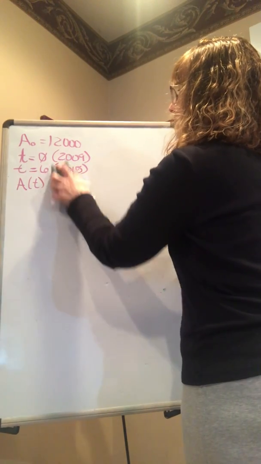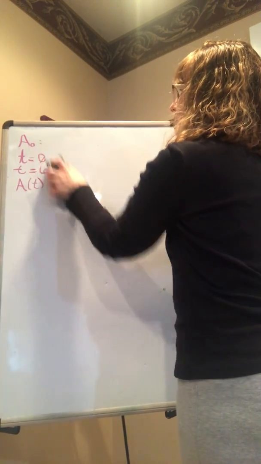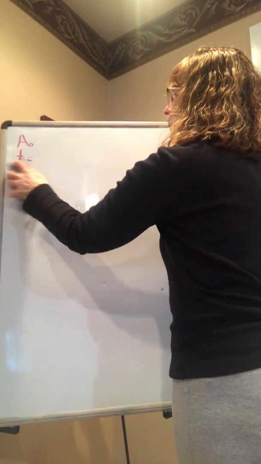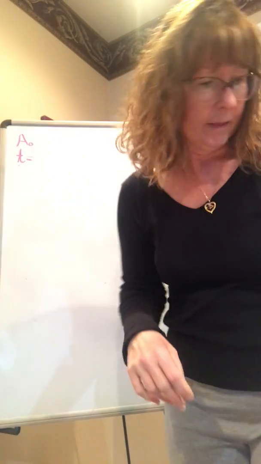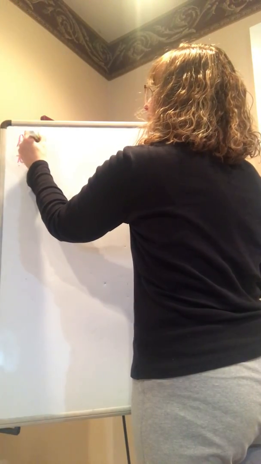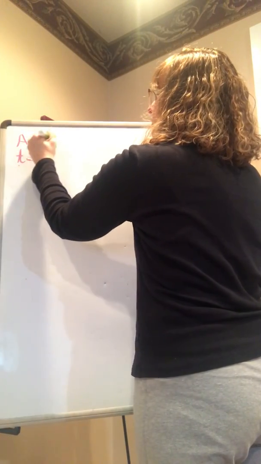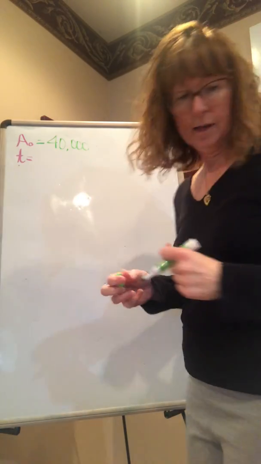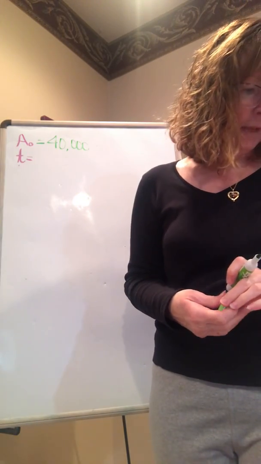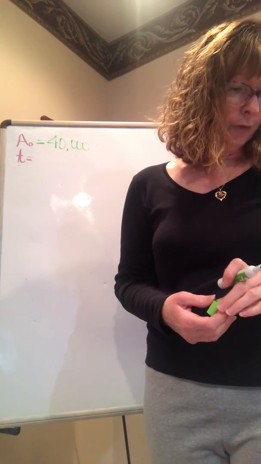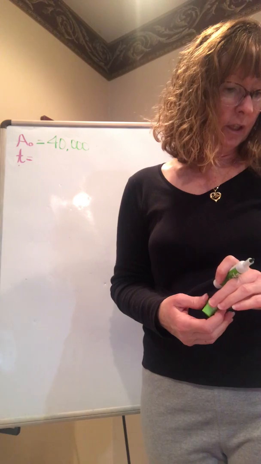So we're just going to get rid of some of this. Let's see what I need to fill in. So Tyler's parents invested $40,000, so that's the initial amount, the principal. And the time zero is today, in a fund that compounds yearly, assuming they make no additional deposits.